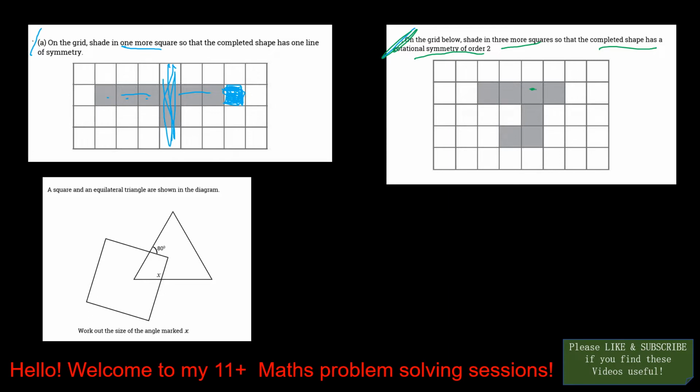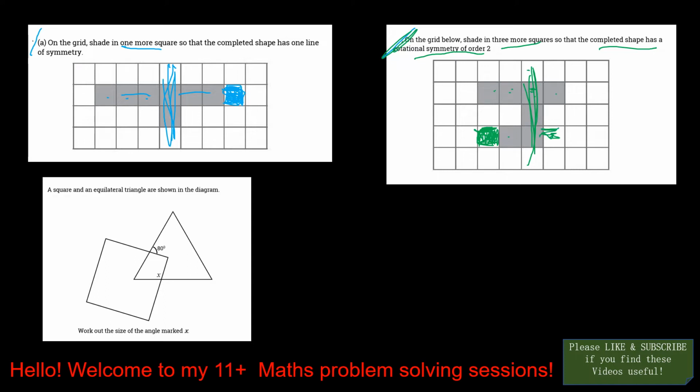Again, if we have to move it around this point, we need to see the number of shaded squares to the left and right of it. So if I shade this square, then to the left I have 2, to the right 1.